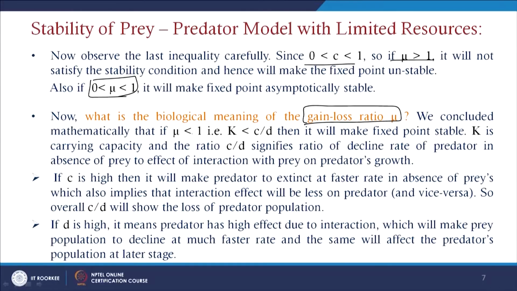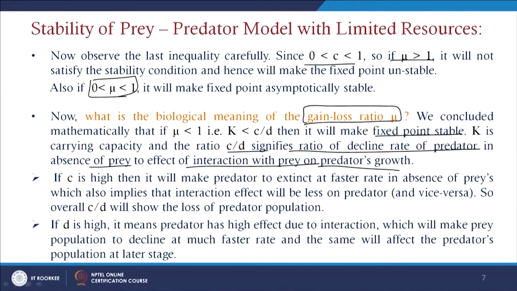If mu is less than 1, that is k is less than c by d, then the fixed point is stable. k is the carrying capacity, and the ratio c by d signifies the ratio of the decline rate of predator in absence of prey to the effect of the interaction with prey on the predator's growth. This means that if prey is reduced, the population growth of the predator will increase.